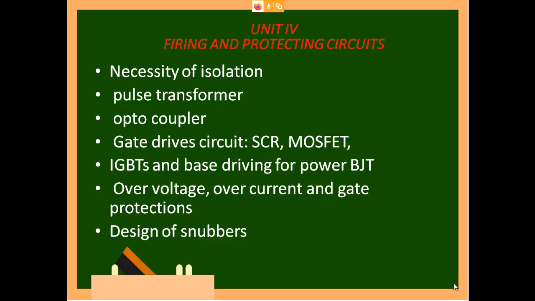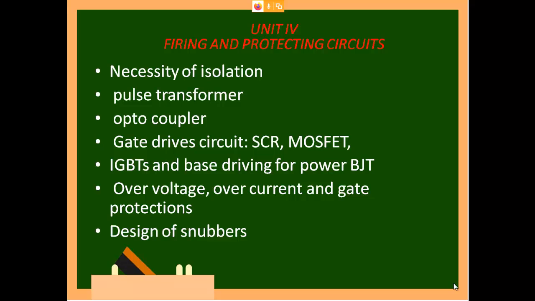We call it VGTH, that is the minimum gate turn on voltage, which is around 8 volts or in some cases even 12 volts. So how to make this 8 to 12? You should have a driver. This fellow will increase the pulse and provide it to the MOSFET. IGBT also we will see, similar to MOSFET. Then we will see what is over voltage, over current and gate protection.